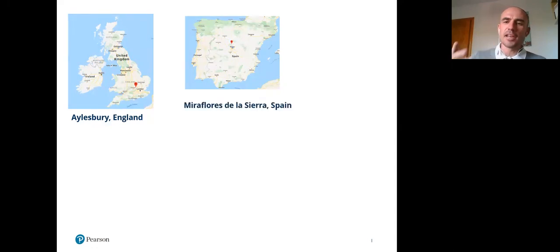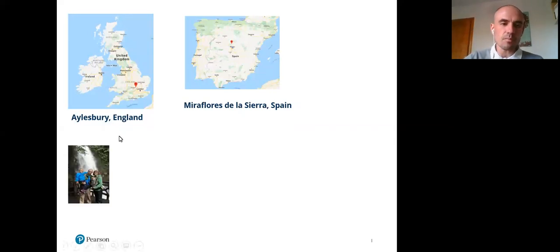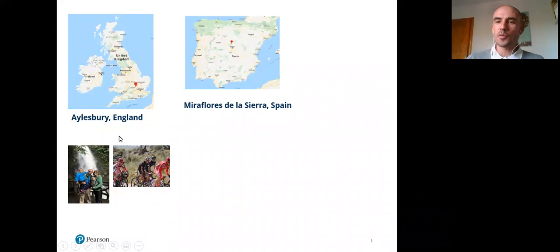I live in Spain, in a lovely little village called Miraflores de la Sierra, just north of Madrid, just north of the capital. Two of my hobbies are traveling, which I'm not doing quite as much at the moment, as I guess is true for everybody here, and riding my bike as well.